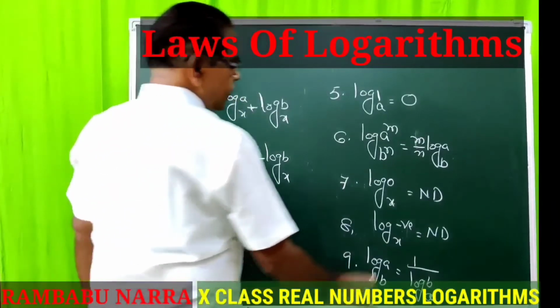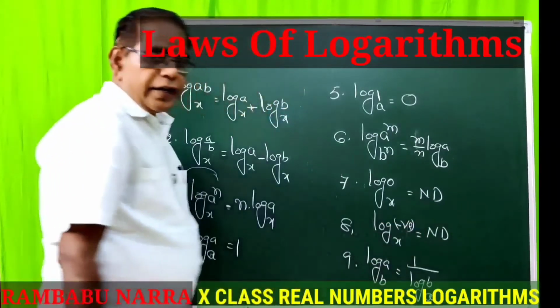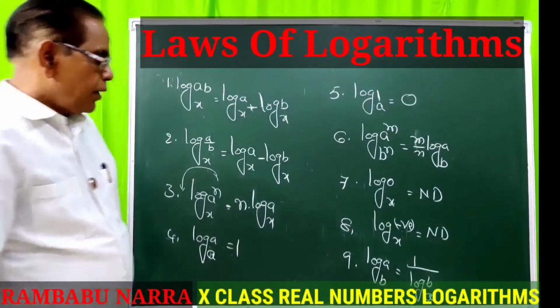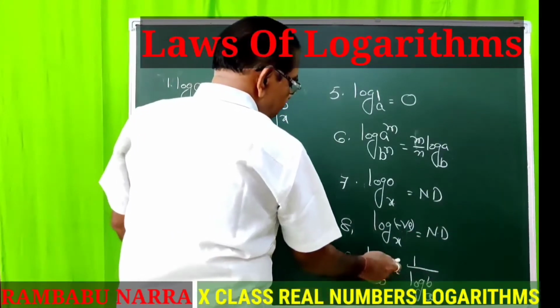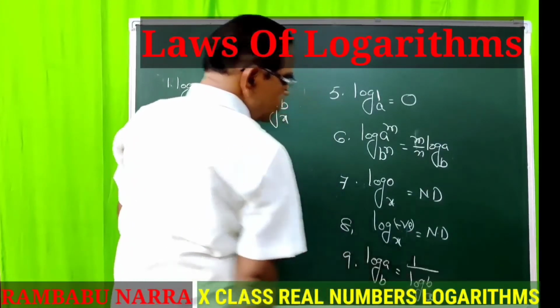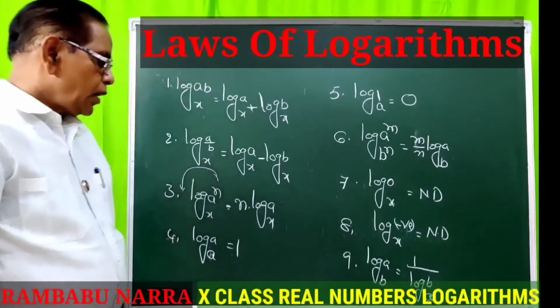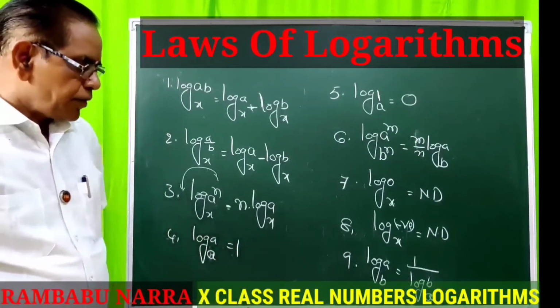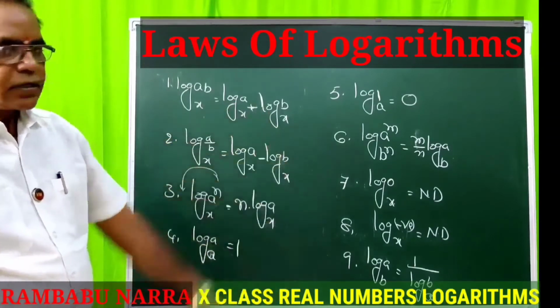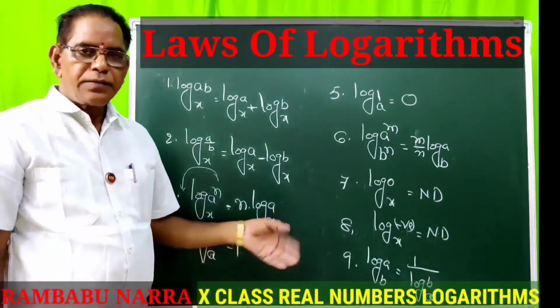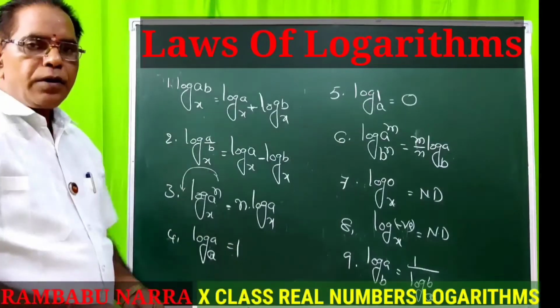In the same way, log of negative values to any base is not defined. Log a base b equal to the reciprocal of log b base a. These are some important laws of logarithms to solve the problems.